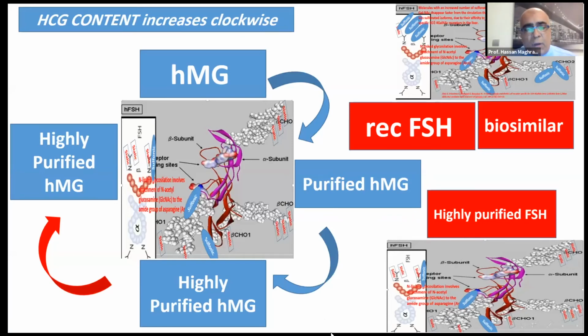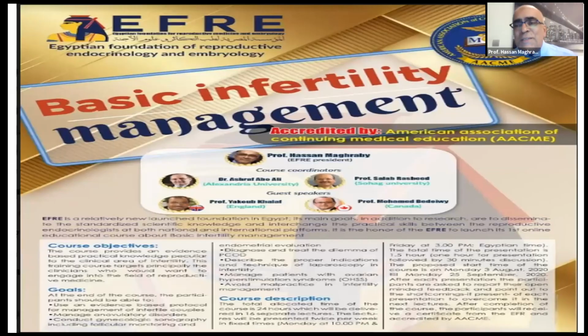HCG of pituitary origin or HCG of pregnancy origin, and they have different potencies. And if we use large doses without making sure that these are taken into consideration, we could end up with loss of folliculogenesis or the potential of folliculogenesis. So these are the only tips that I wanted to say today.